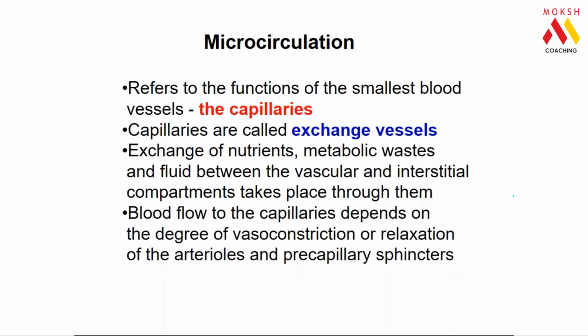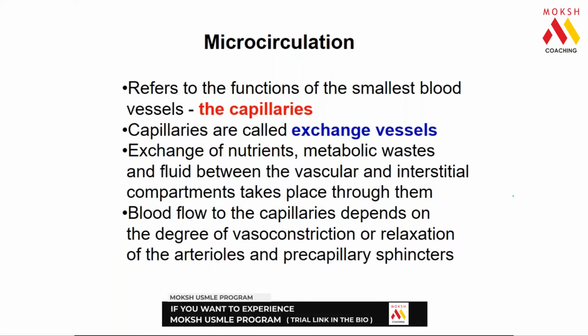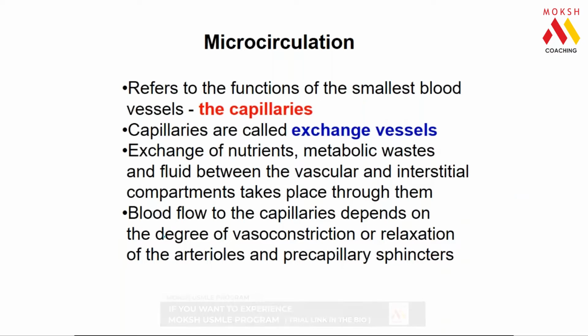Now, blood flow to the capillaries depends on the degree of vasoconstriction or relaxation of the arterioles and precapillary sphincters. So remember the key point here: degree of vasoconstriction or relaxation, that means basically the diameter or the radius, and precapillary sphincters.